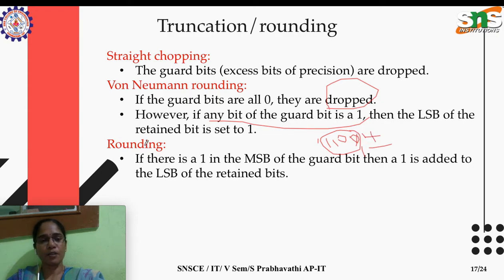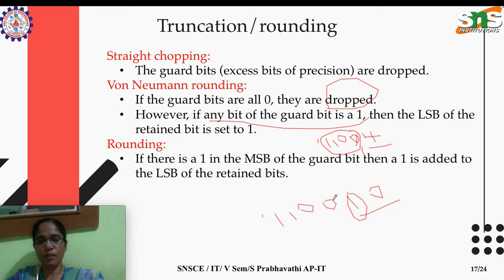That's the concept. So round off means if there is a 1 in the MSB of the guard bits, then a 1 is added to the LSB. It means, if I have something like 1 1 0 0 1 0, suppose the guard bits, the extra bits, are 1 0. The last 2 bits are extra bits, and in those last 2 bits the MSB is 1.